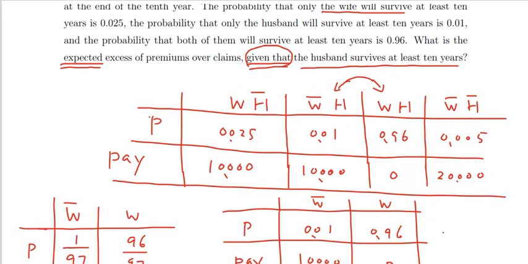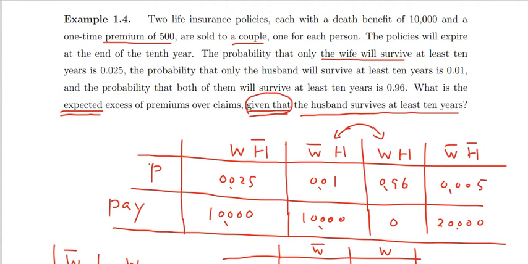But what we want to find is the expected excess of premium over claim. This means the premium minus claim over claim.